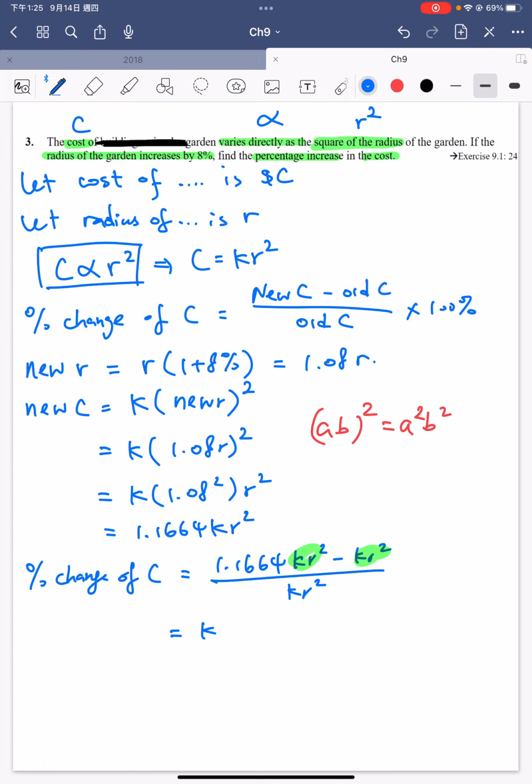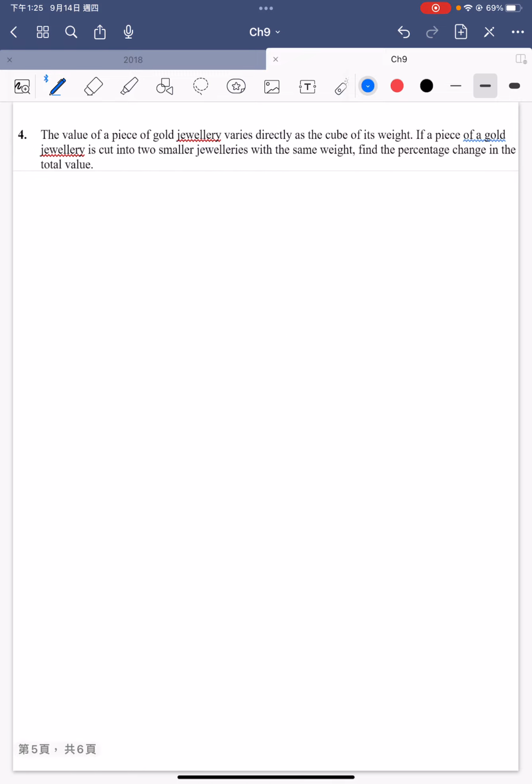Then we have KR squared, open bracket 1.1664 minus 1, then divided by KR squared. The next step is to eliminate both KR squared in the numerator and the denominator. Then the answer should be 16.64%.